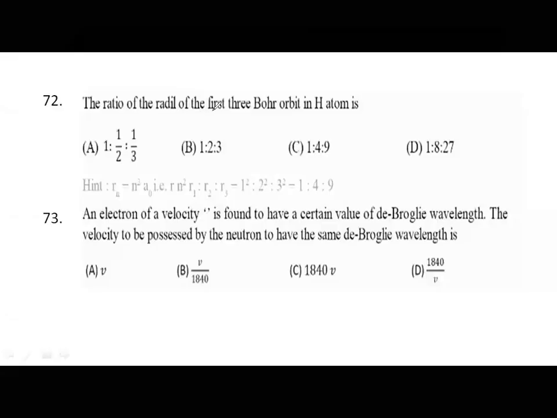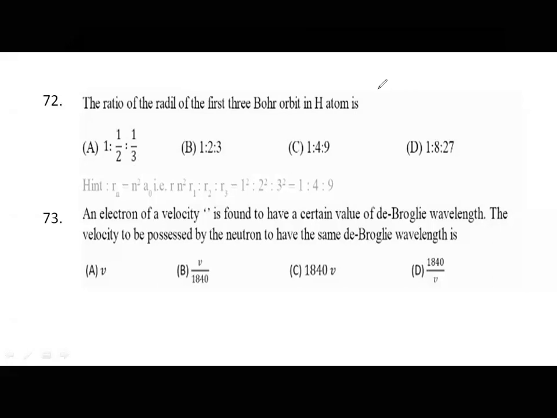The ratio of the radii of the first 3 Bohr orbits in hydrogen atom is. It is being given here itself. So how do we write the ratio of the first 3 Bohr orbits?